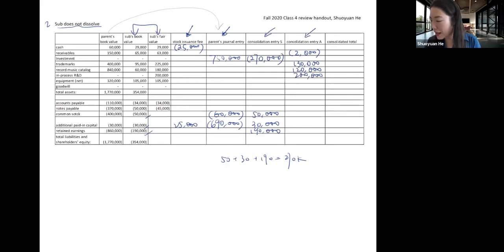And then the firm has a goodwill, so we need to recognize it as well in consolidation entry A, which is 27,000. Notes payable, the difference is 5,000.